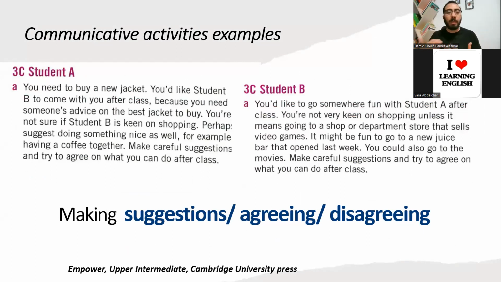So again, there is a purpose, there is a task for a student to complete, something to agree on. So again, this is communicative. So instead of asking students to just talk together about shopping, we can give them something like this. So this is something to think of.